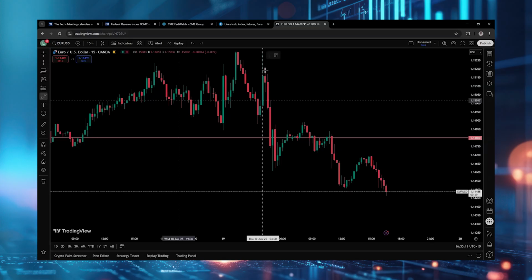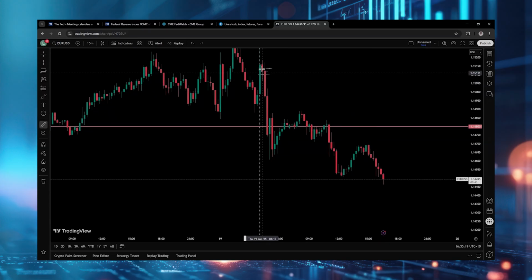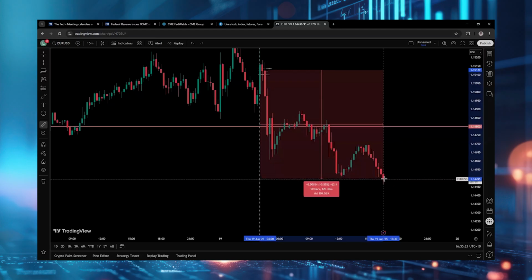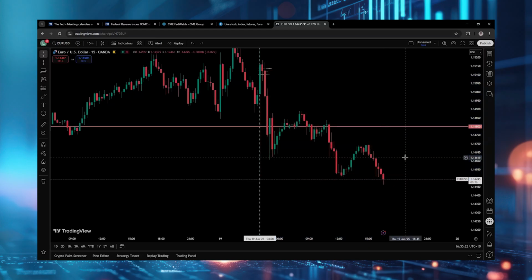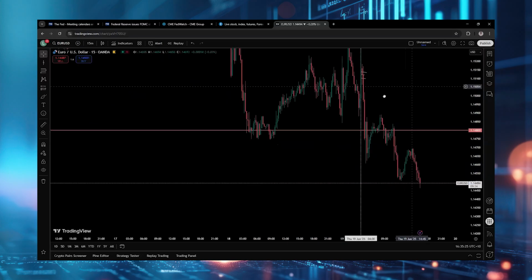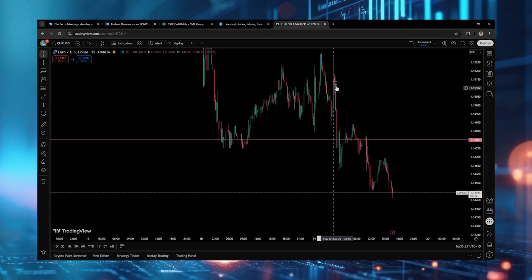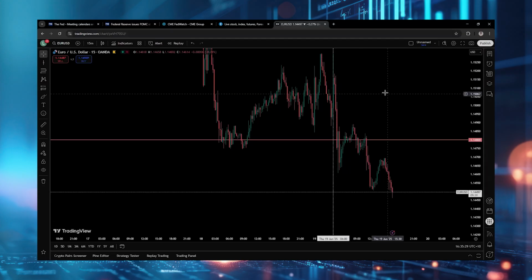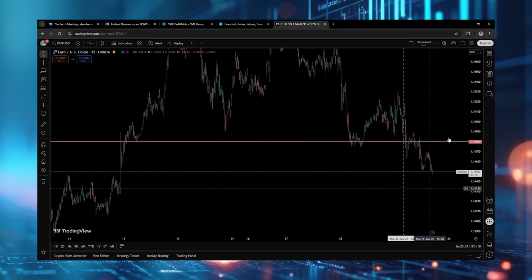If you waited for the right opportunity, you would be looking to short somewhere around here or even here, and you would be somewhere around 63 pips in profit. In fact, that's pretty good. One lot would give you around $630 on euro dollar at 500 leverage.